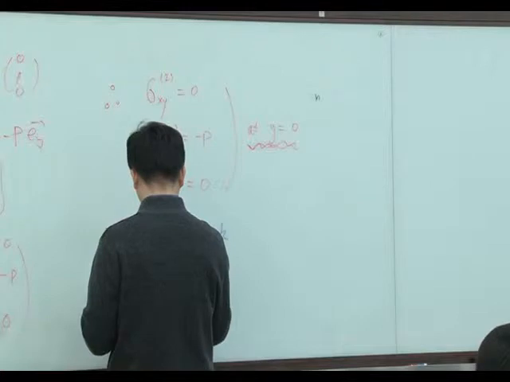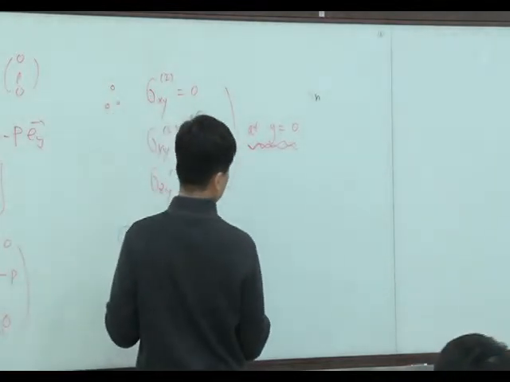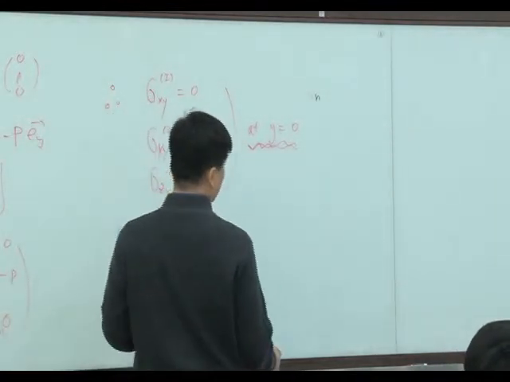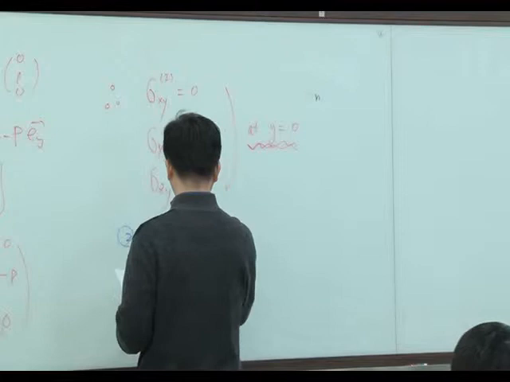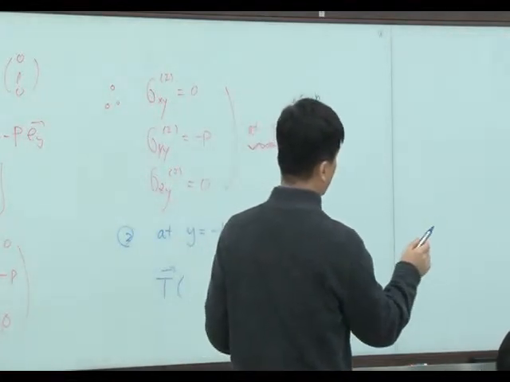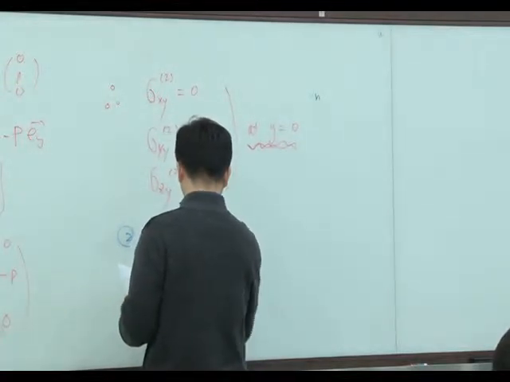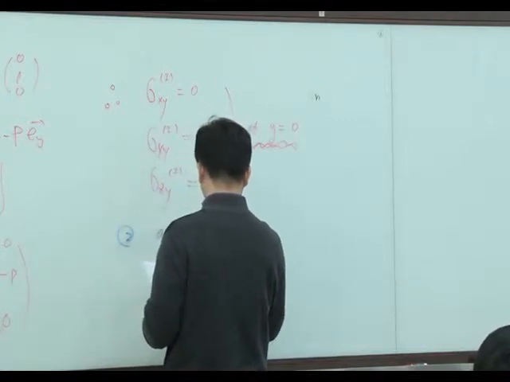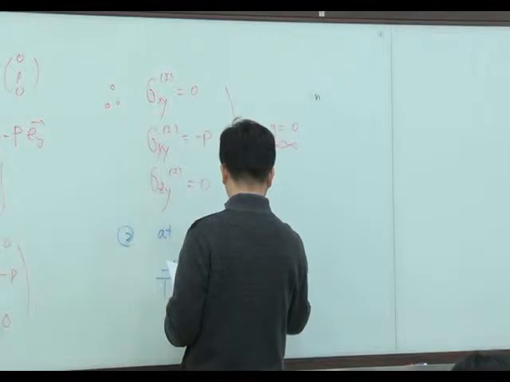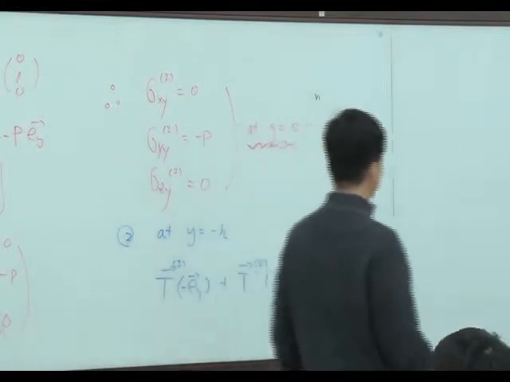That is, traction T1 times minus ey plus T2 times ey equal 0, right?